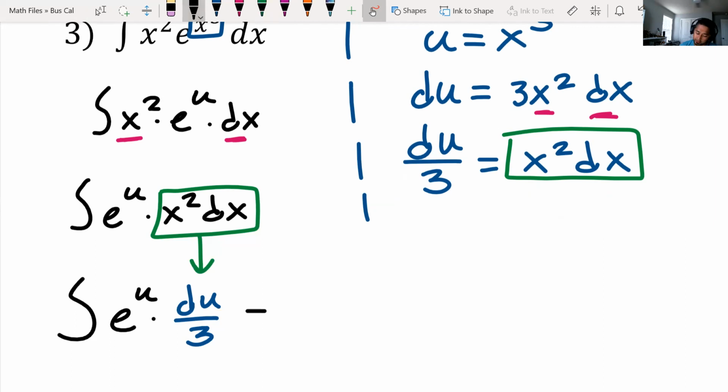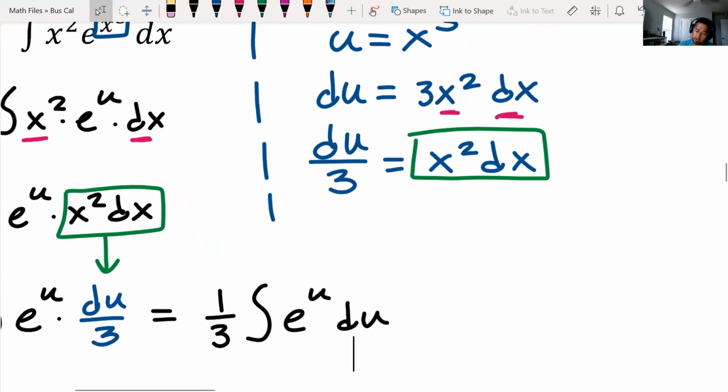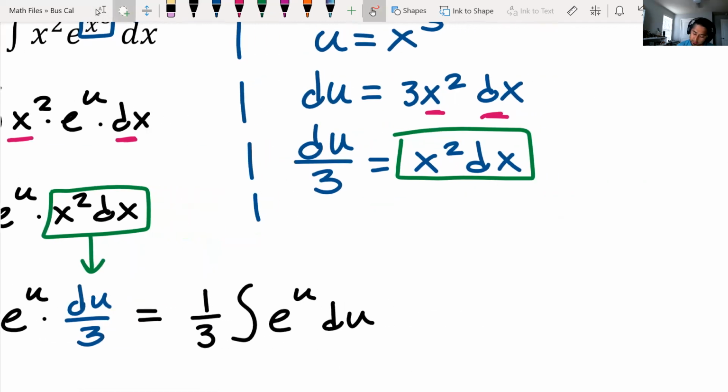And all I have left to do is take that 1/3 out, and it gives me the integral of e to the u du. And lucky for us, the antiderivative of e to the u is still e to the u.